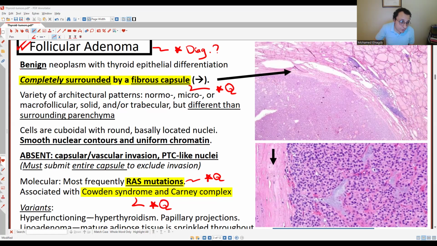So follicular adenoma is actually a benign neoplasm, and it's always encapsulated, entirely surrounded by a capsule like this one. Here is the capsule in high power. What you see is crowding of follicular cells.